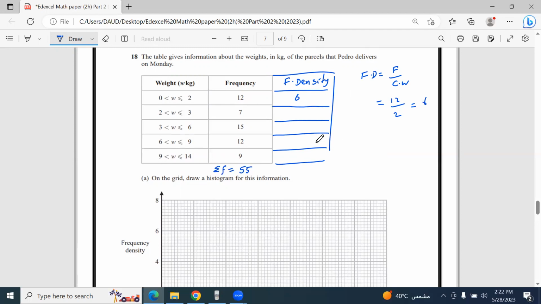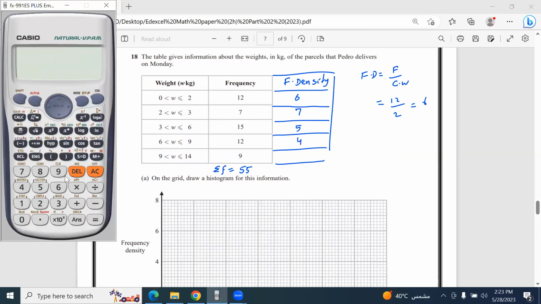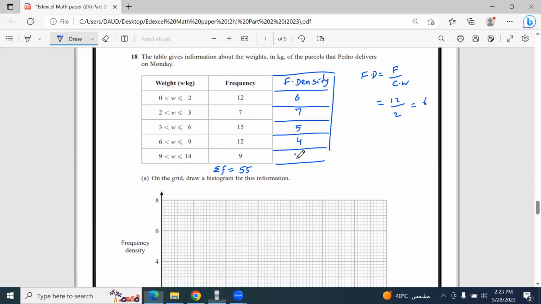So here our answer is 6, same as 7 divided by 1, so 7, 15 divided by 3, 5, 12 divided by 6 to 9, the class width is 3, so 12 divided by 3 gives us 4, and here 9 to 14 we have 5, so 9 divided by 5 gives me 1.8. So plot these values in the table.